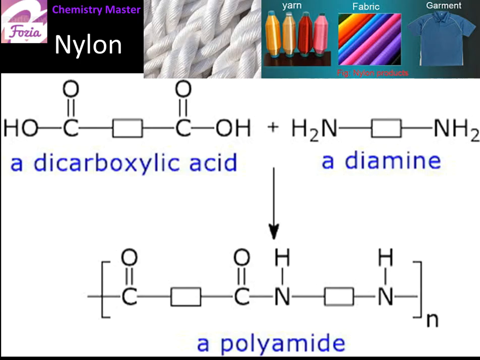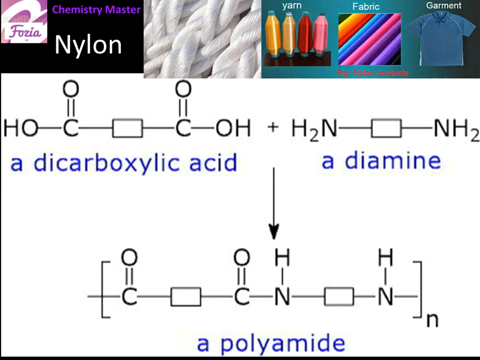Now the nylon. This is the first man-made synthetic polymer. It's a thread which is used in making a variety of products, garments, packaging materials, and many more things. You see, nylon is a synthetic polymer in which the linkage is a polyamide.